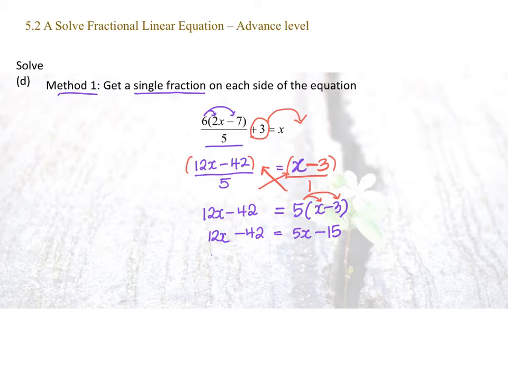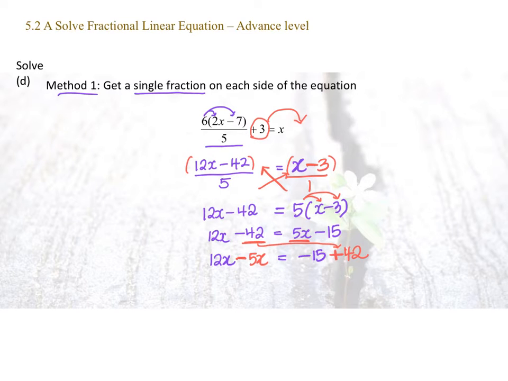Now let us rearrange and group the like terms together. 12x with minus 5x. On the other side of the equation, negative 15 stays, and negative 42 now migrates over, and it becomes positive 42.